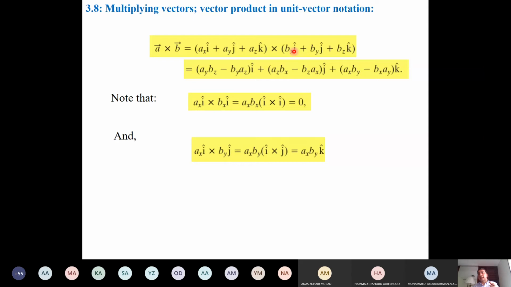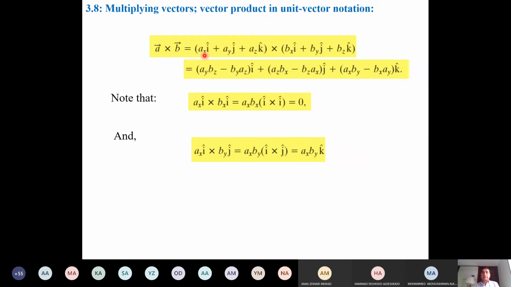So I cross I, the angle between them is 0. And what do you get when you put sine 0? What is the answer? 0. Therefore, whenever you make the cross product of the same components, it will always be 0.